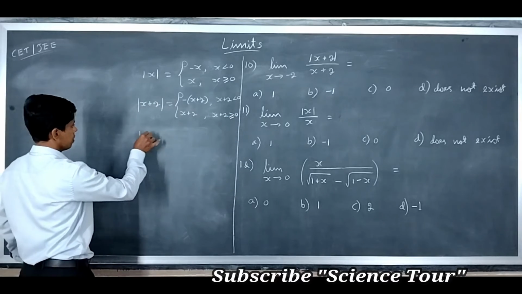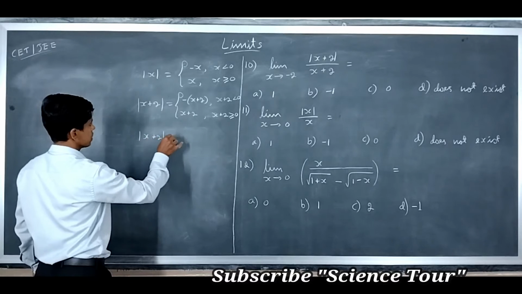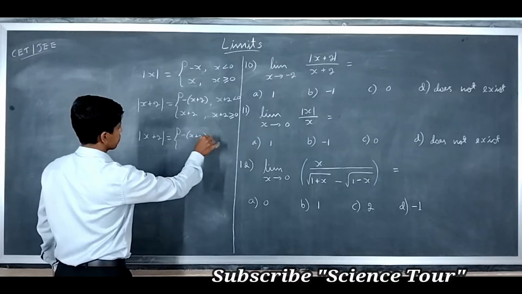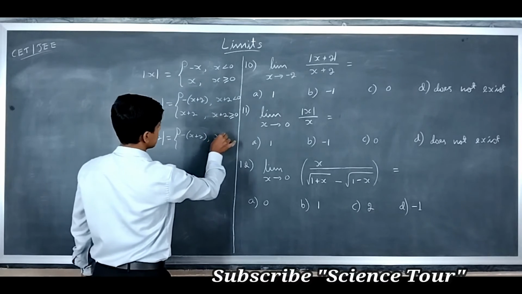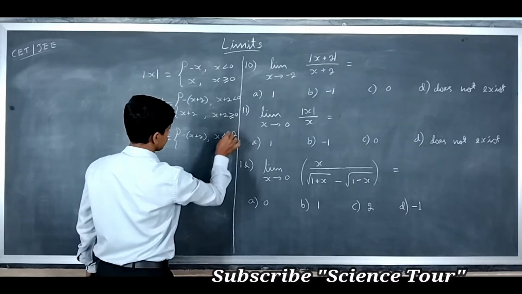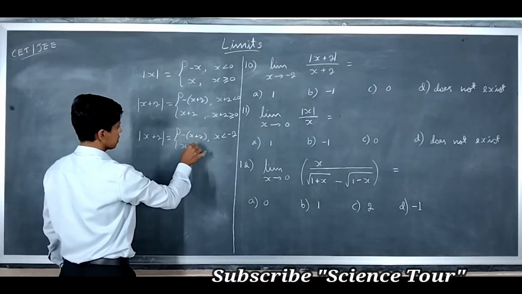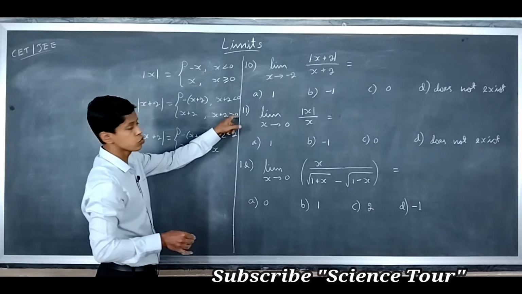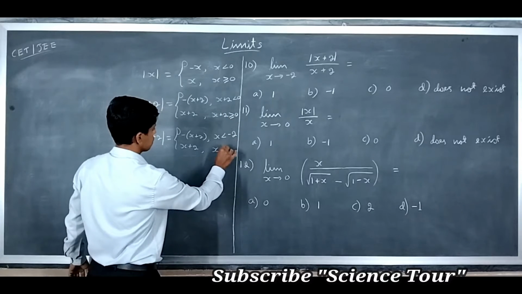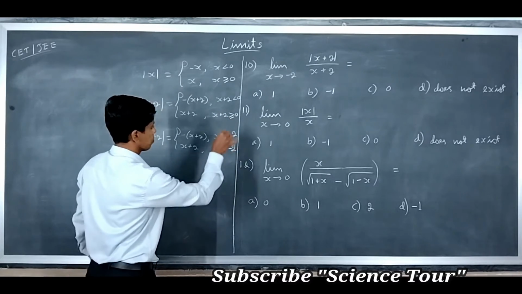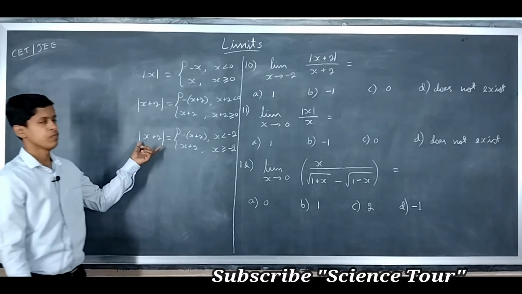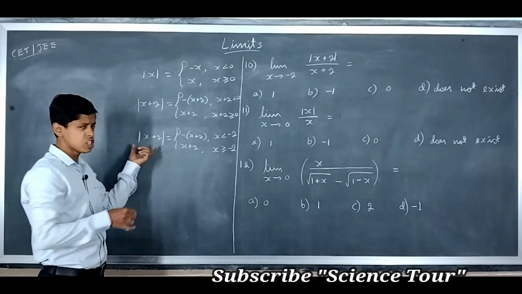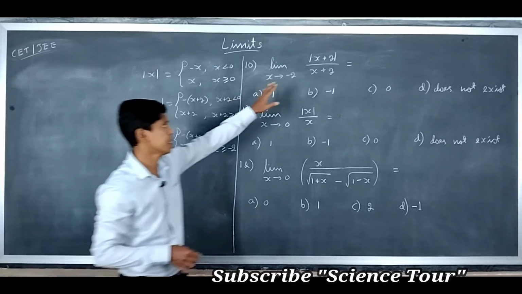So mod of x plus 2 is equal to minus of (x plus 2) if x is less than minus 2, and it is x plus 2 if x is greater than or equal to minus 2, taking this 2 to the other side. So this is the formula, the function we are going to use here.